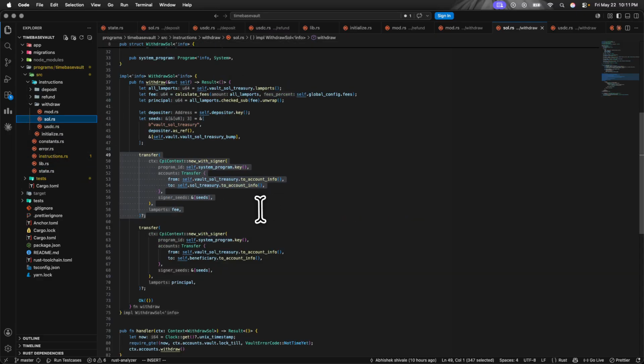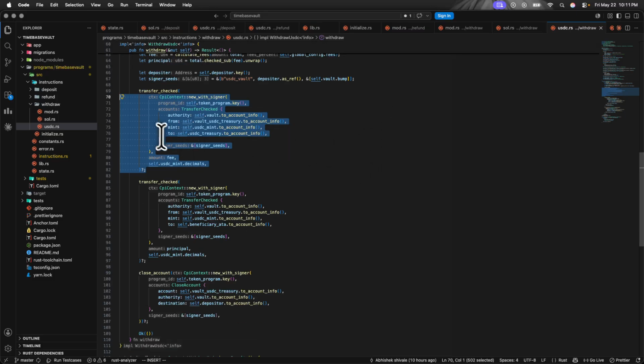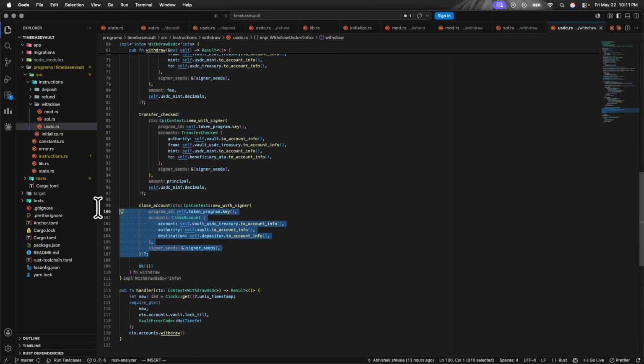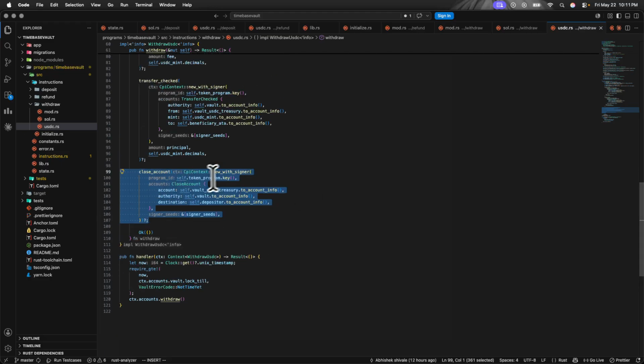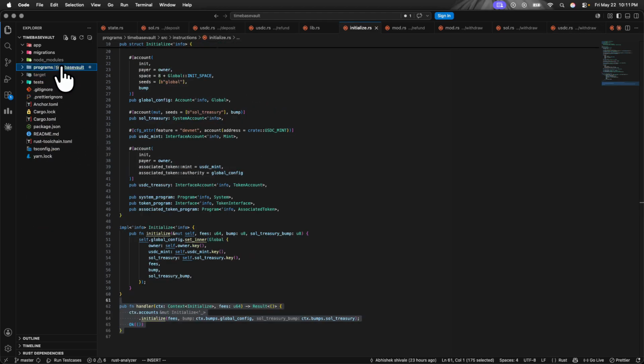And for our USDC, we are deriving it from the global config, or we can say USDC mint because we can actually derive it, and we will close the account so everything, lamports too, will be passed to the depositors. So yeah, that's it. This was the whole project defined.